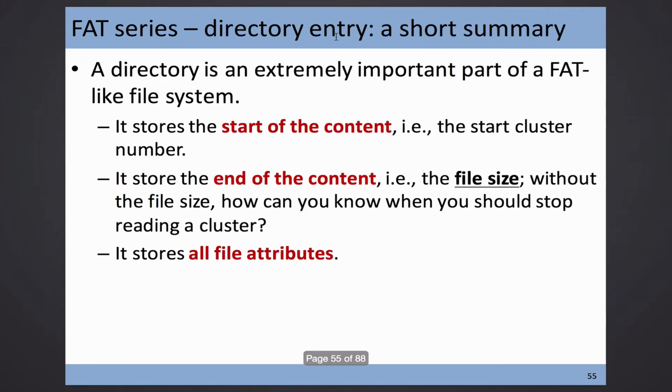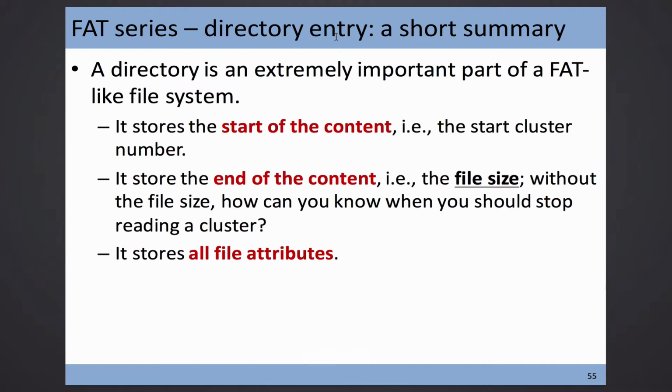And the short summary here is, remember, we have only talked about the directory. Whenever you create a file, or copy a file from another folder to your FAT32 folder, you will create a directory entry, and the directory entry contains many important things.